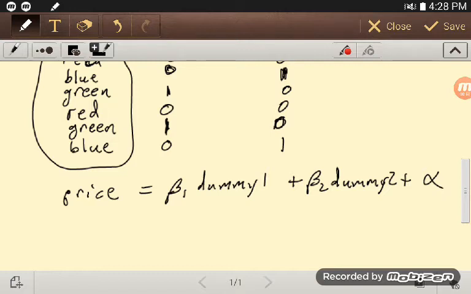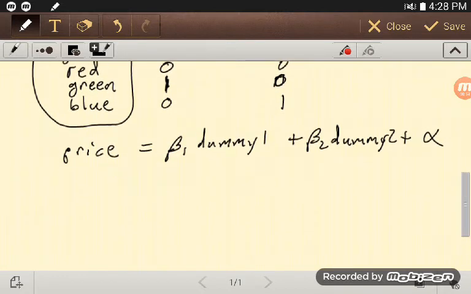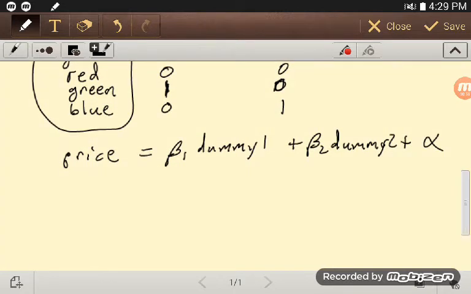Well, if these were the only variables we would have, then actually the interesting part here is that alpha becomes the average price, because again, price is what we're measuring as our response. It's the average price of the red.